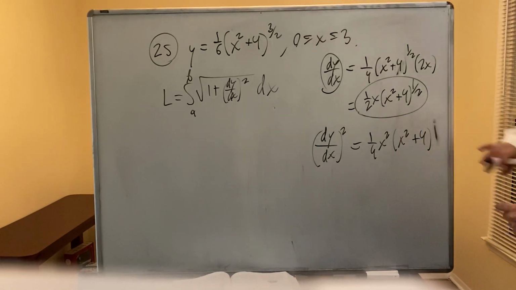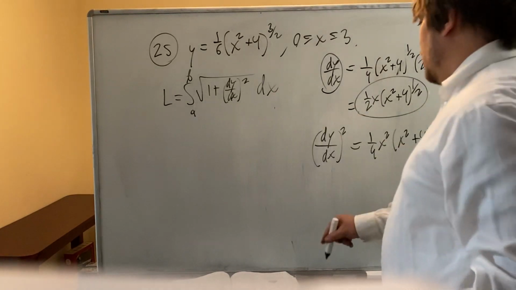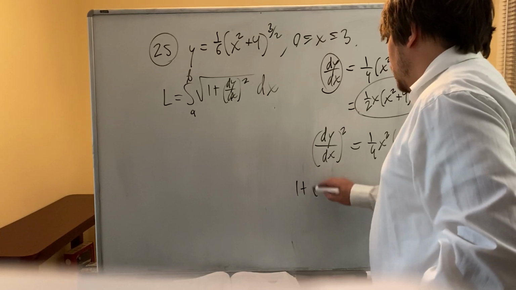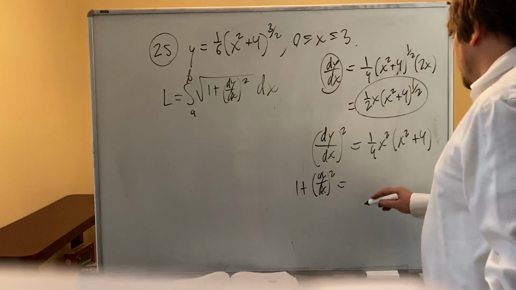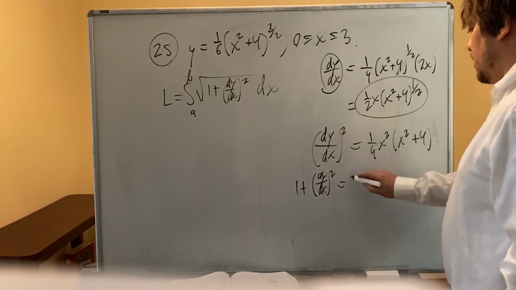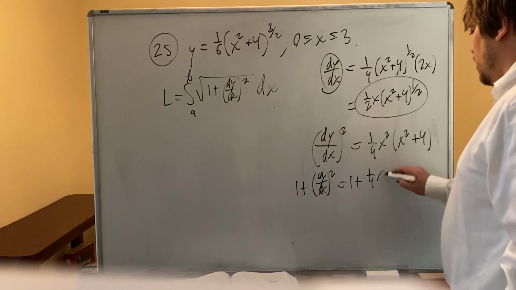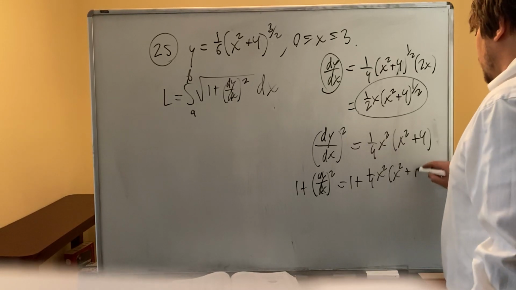So that's (dy/dx) squared. So 1 plus (dy/dx) squared is equal to 1 plus 1/4 x squared times (x squared plus 4).